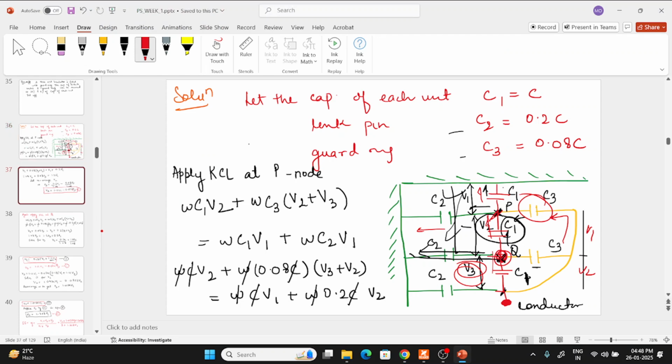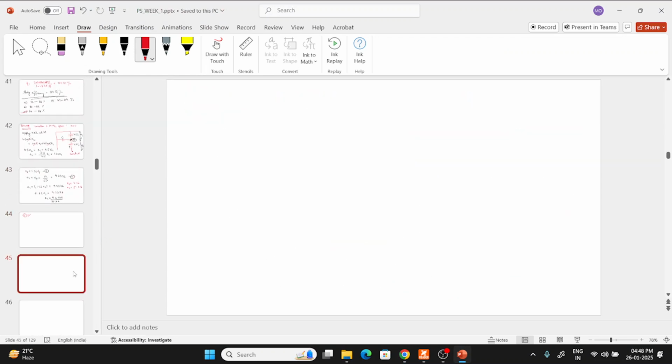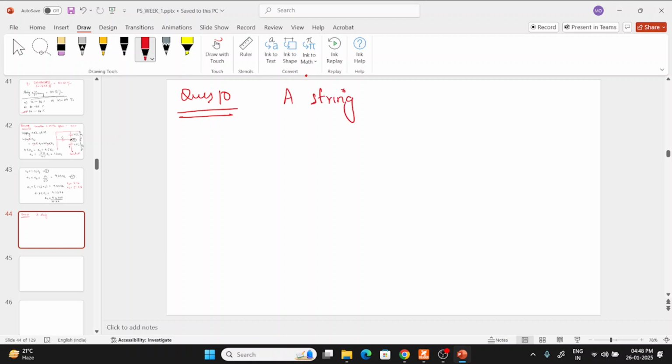Okay, now question number 10. A string insulator has four units.